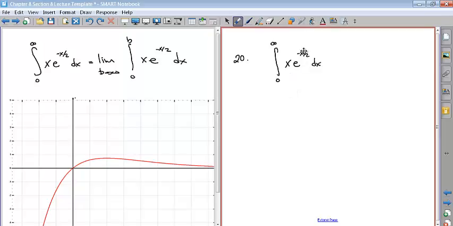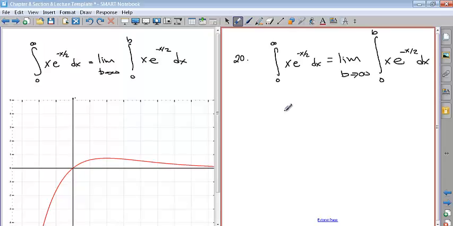So you have to use integration by parts on this because we have a product of some kind: x times e to the minus x over 2. We have a simpler part and a more complex part. Before we use integration by parts, we always want to initially rewrite it in terms of the limit. So we're going to take the limit as b goes to infinity of the integral from 0 to b of x times e to the minus x over 2 dx.